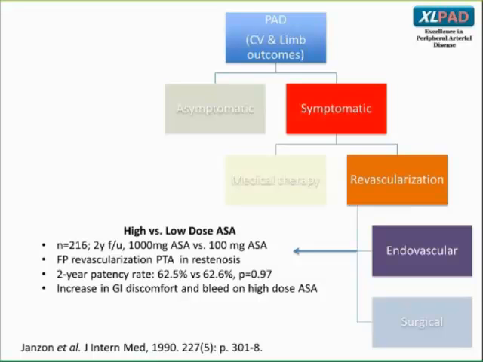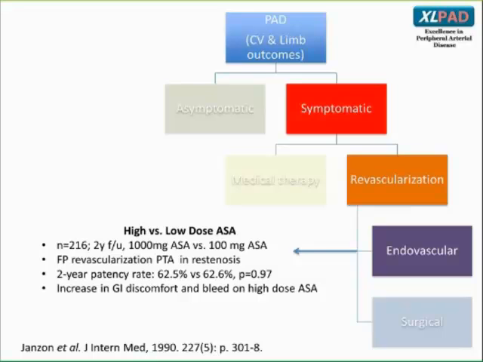So in terms of endovascular intervention, this is historically a very important study because this was the first evidence, the first attempt to study aspirin use in patients with endovascular intervention. This was published in 1990. The study and this outcome analysis was done in the late 80s.